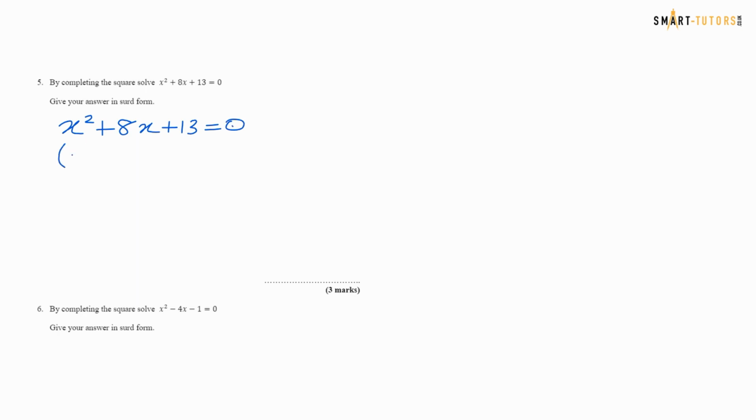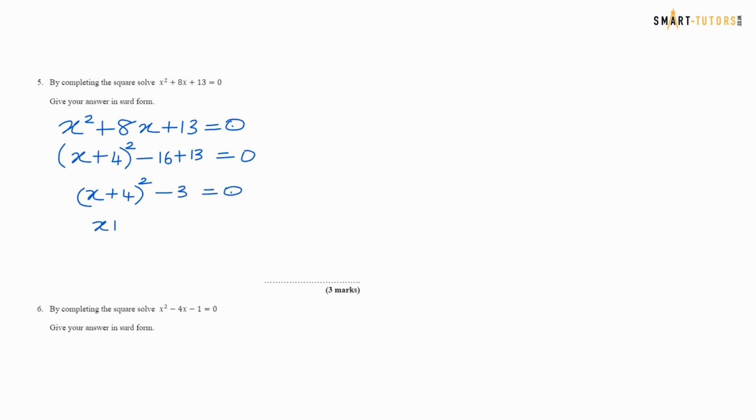So bracket start, x plus half of the 8 is 4, whole thing squared, minus 4 squared is 16, plus 13 equals 0. So x plus 4 whole thing squared, minus 16 plus 13 is minus 3, equals 0.